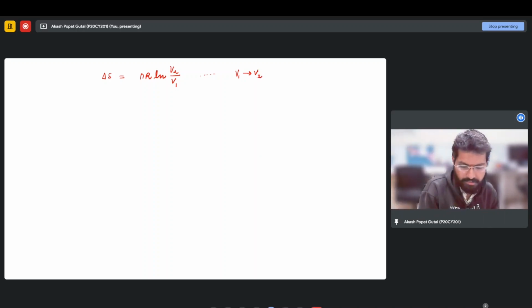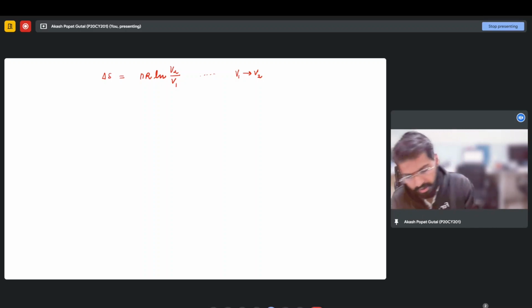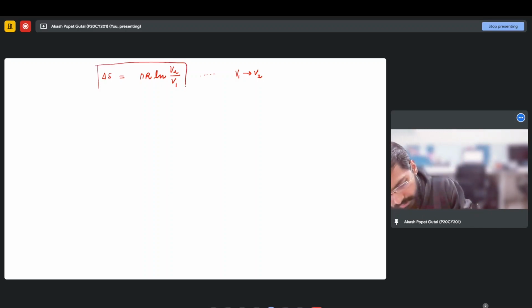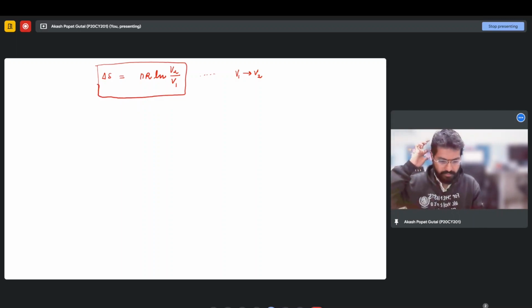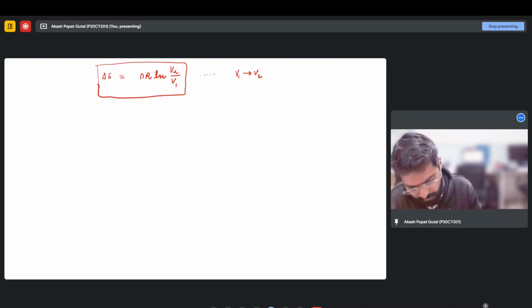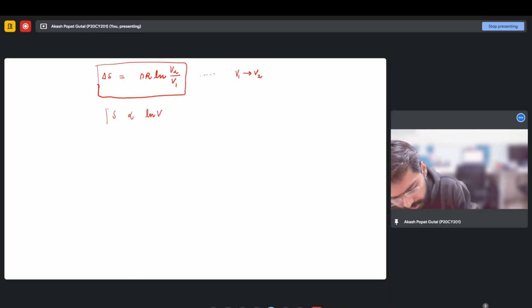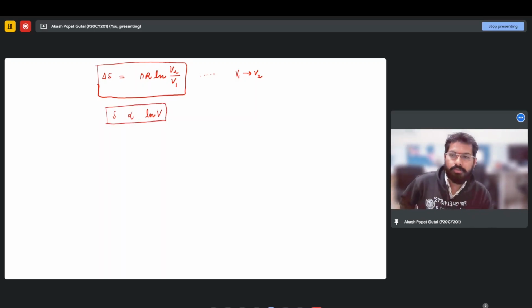This is also an important relation we need to take. So entropy is actually proportional to the natural log of volume. This is the important outcome that we get from this equation.